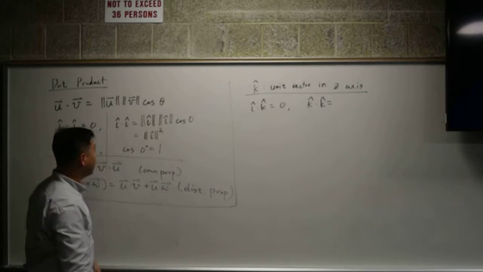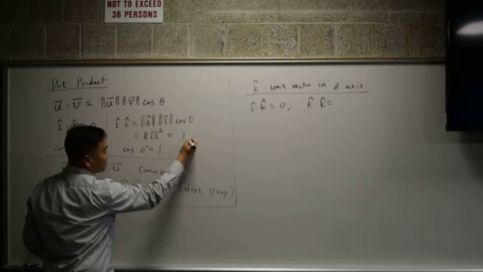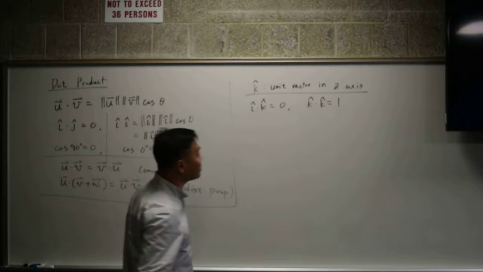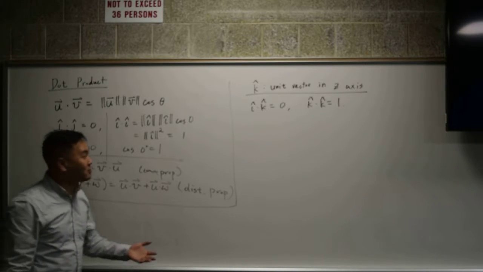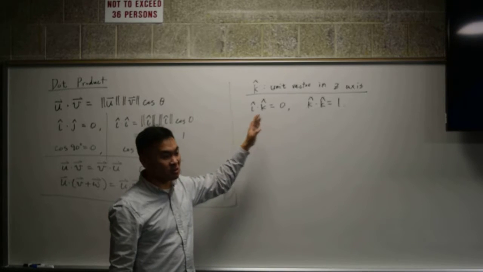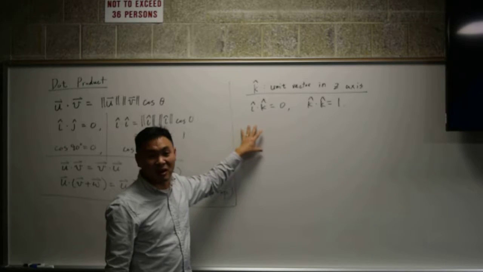By the way, these unit vectors have length 1, so it will be 1. This will also be 1. And there are a few others, but I don't need to write them. j dot k will be 0, i dot j will be 0, j dot j will be 1. It's kind of obvious now, right?